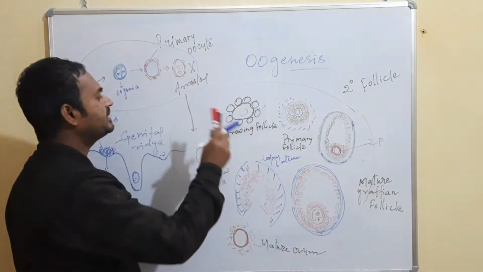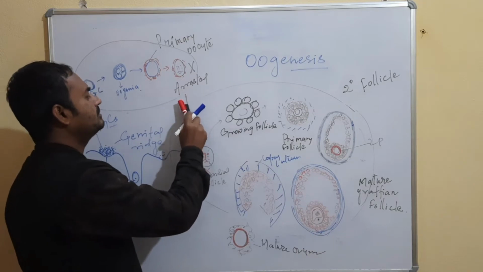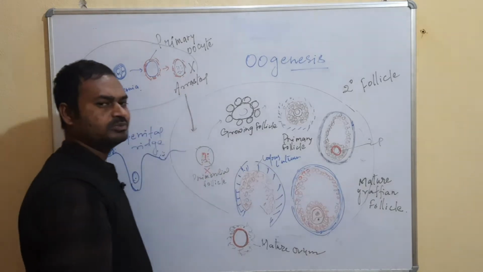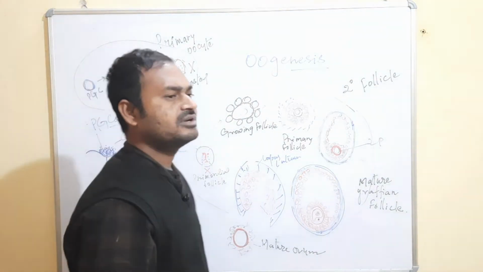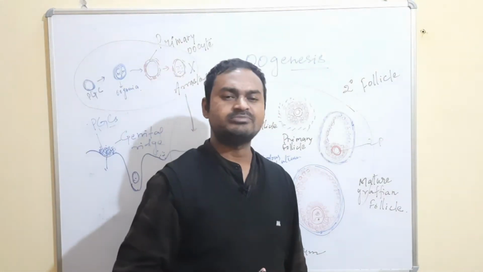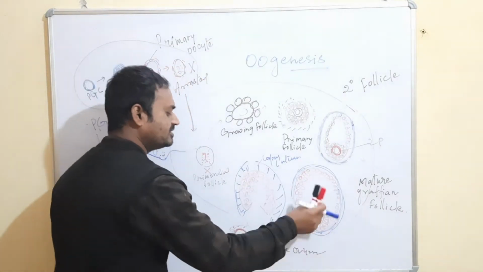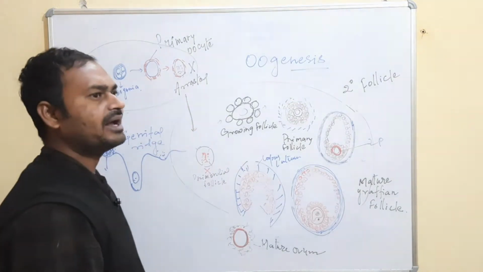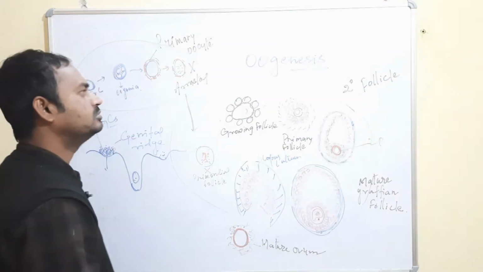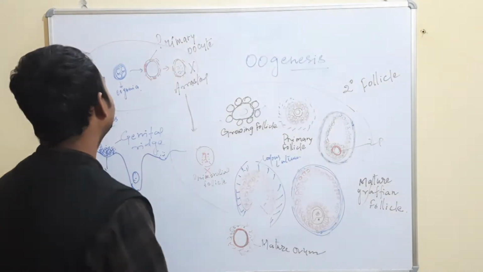In the prenatal phase, the development of the ovum starts, and after the individual attains maturity, the second part of oogenesis starts.